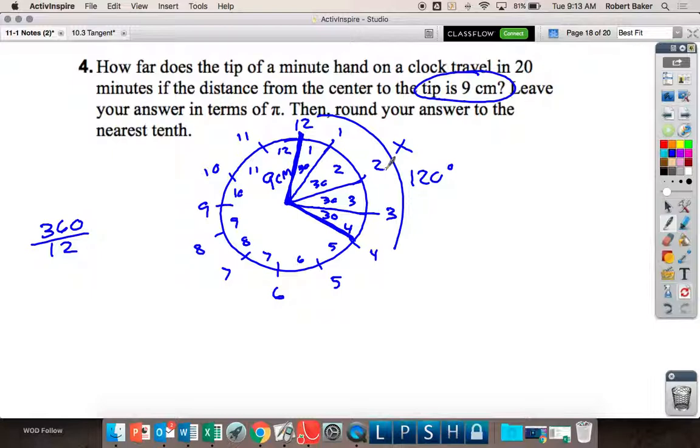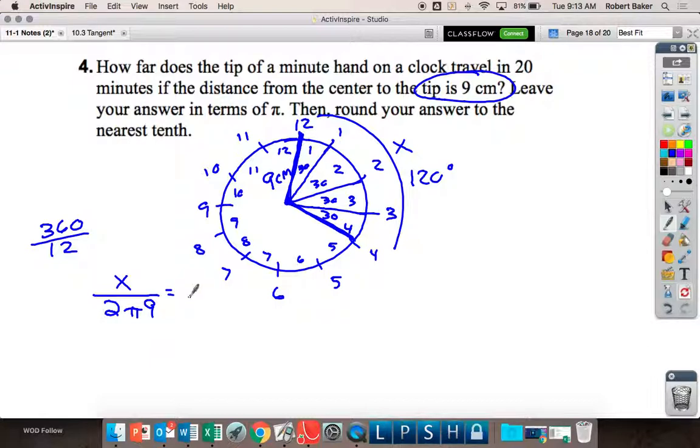I don't know how long that is, x. But I do know the circumference of the circle, 2 pi r. And what is my r? 9. So that's the length that the tip of the clock is traveling over the total length that it's going to go around in one circle.